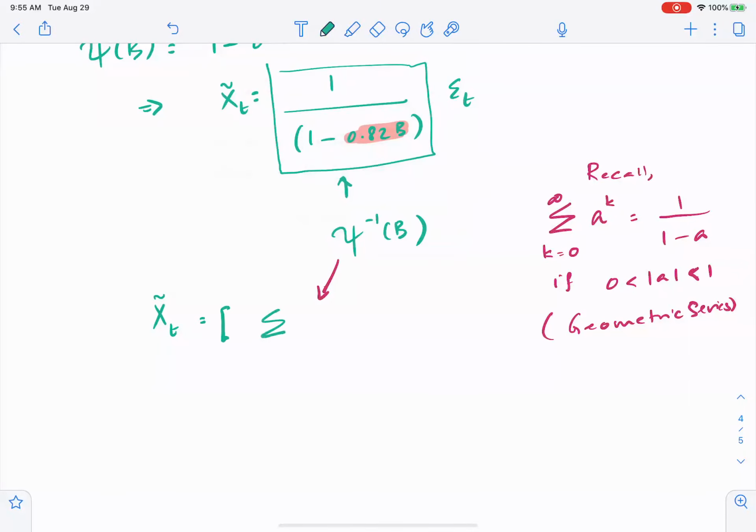So I can write the box part as the sum, I'll just use k, k equals 0 to infinity, of 0.82B raised k, followed by epsilon t, or a sub t. We go with the book's notation. Do we agree with that expression?